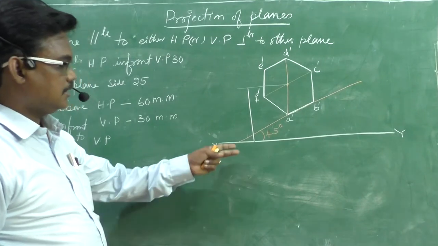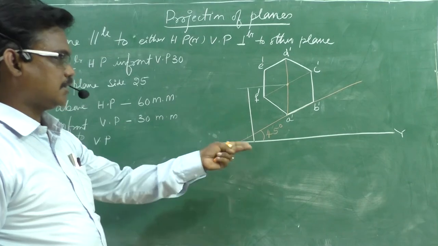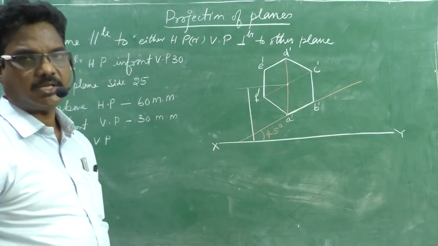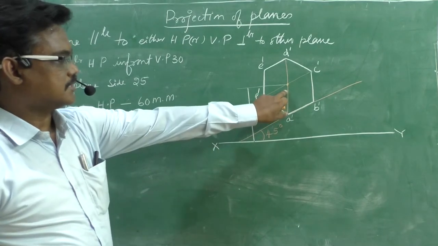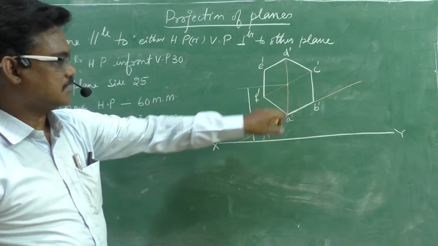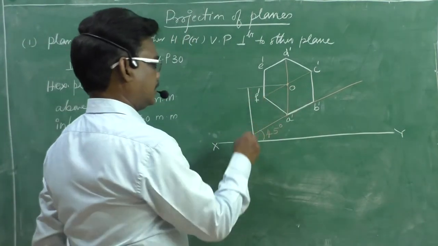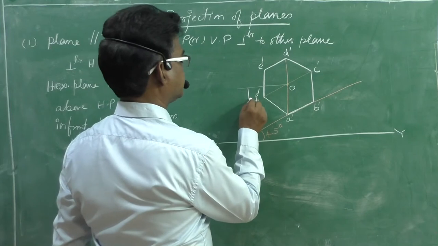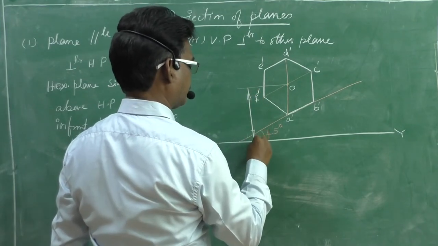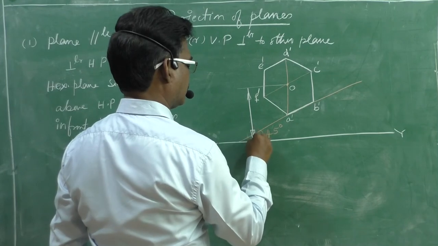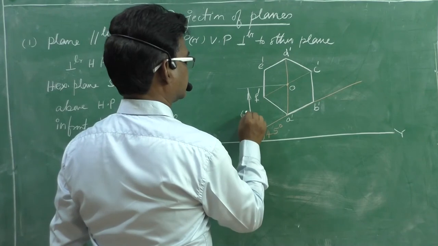Here the reference line I already drew is at a distance of 60 mm. In the drawing sheet, after drawing this hexagonal plane, from the center O we need to draw a reference line at a distance of 60 mm. Right, this is 60.